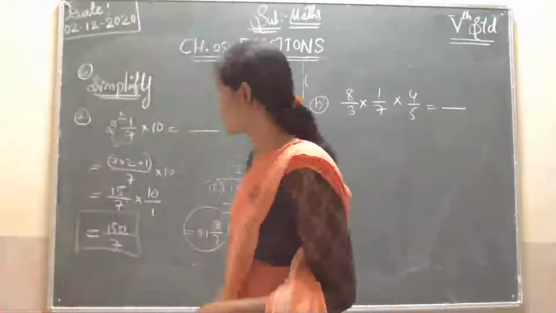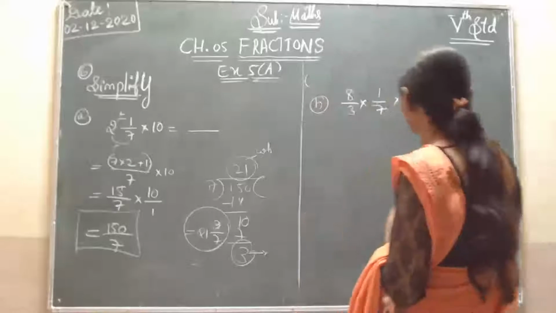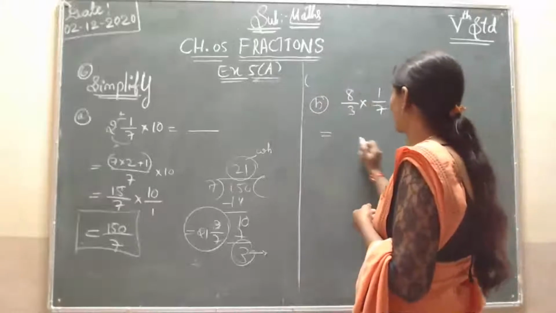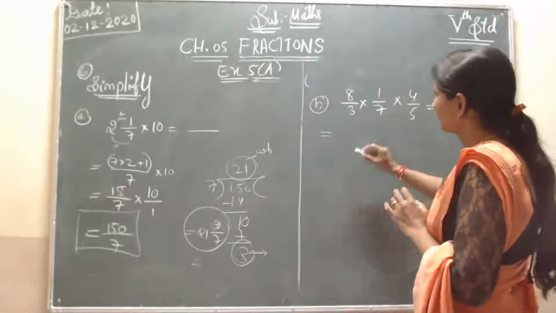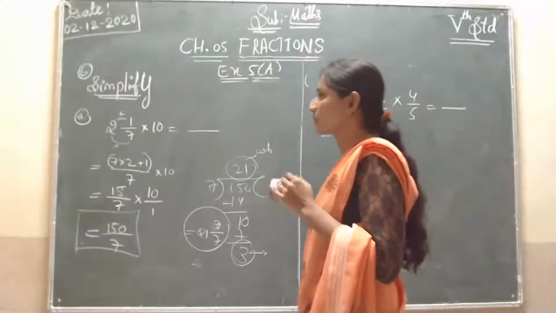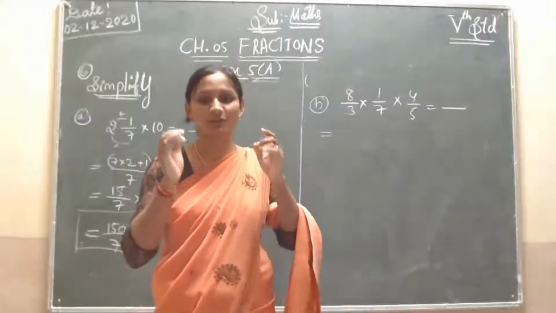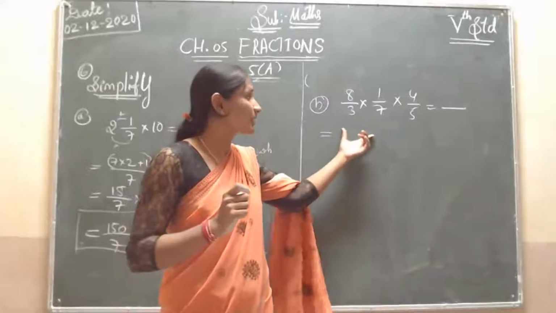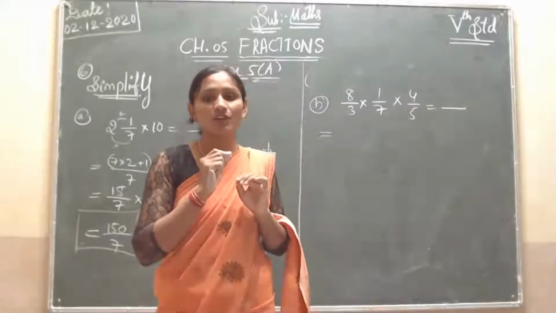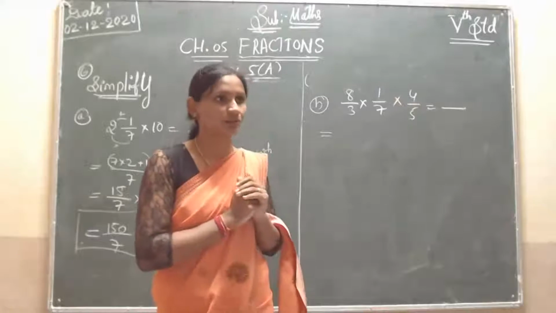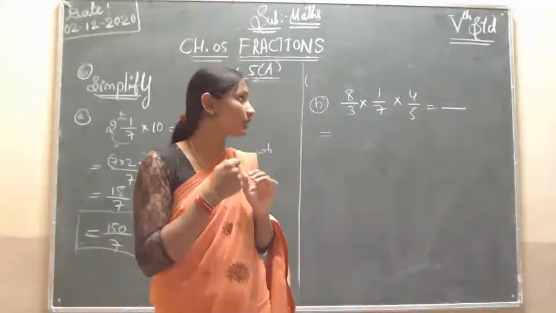Okay, students, so next question. This is very easy, in the same method. So once again, first step: first you check the numbers, students. First step, you have to think whether the numbers in the question are cancellable or not.